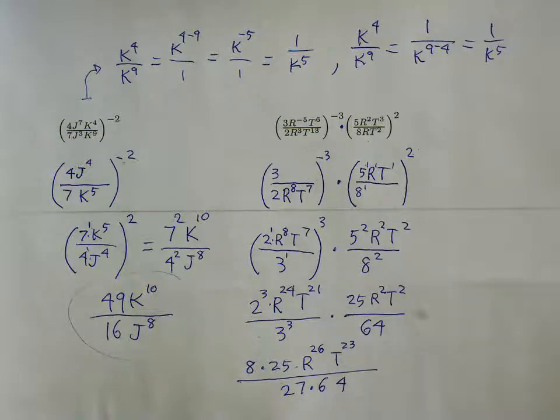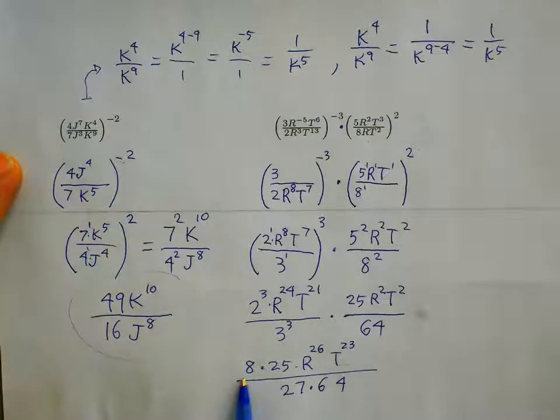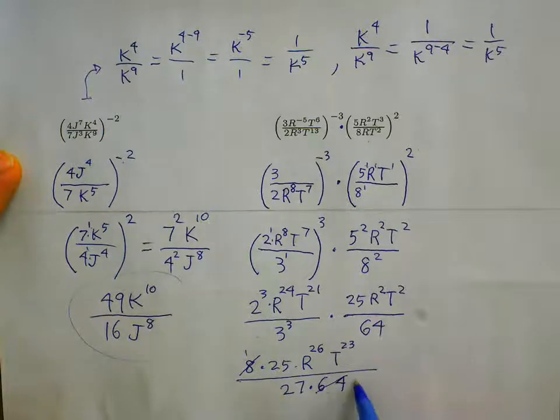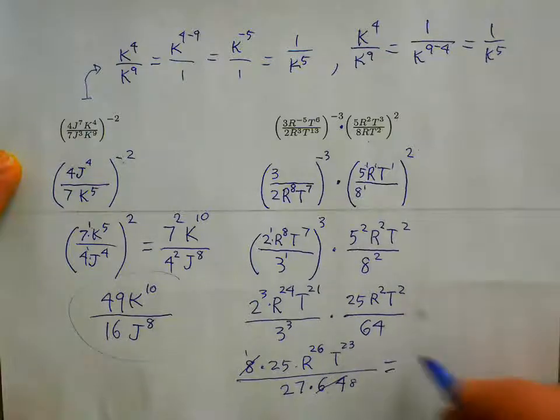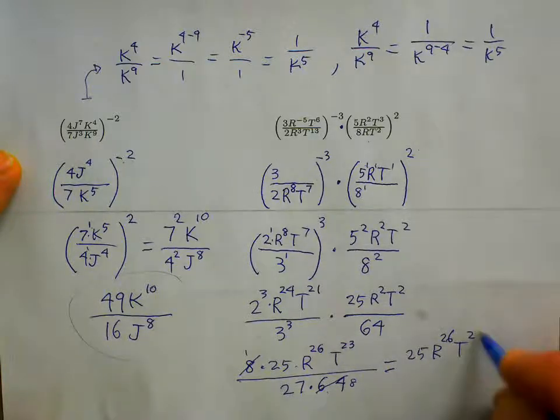Okay, so just a little bit left. We can cancel common factors. 8 goes into 8 once, and it goes into 64 8 times. So the numerator, 25 r to the 26th times t to the 23rd.